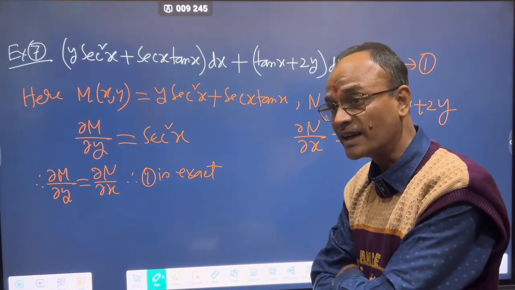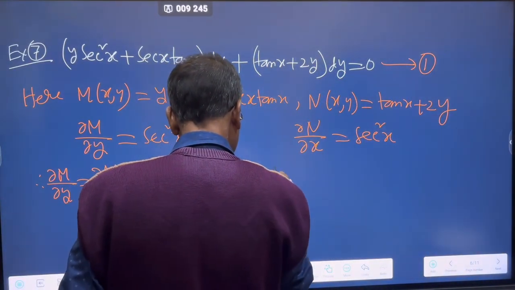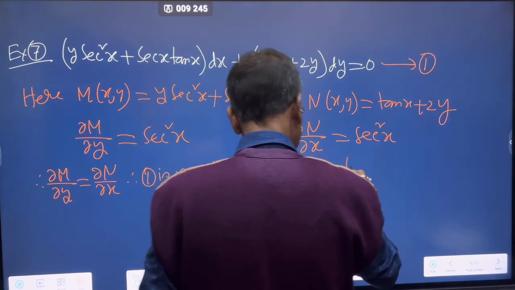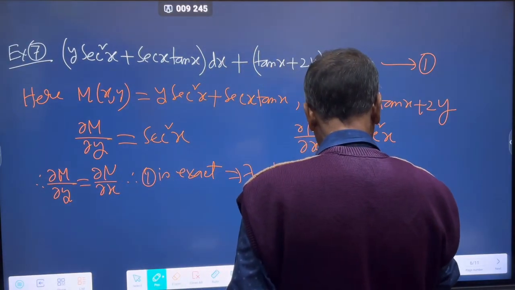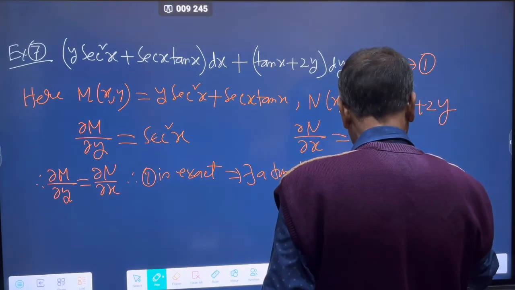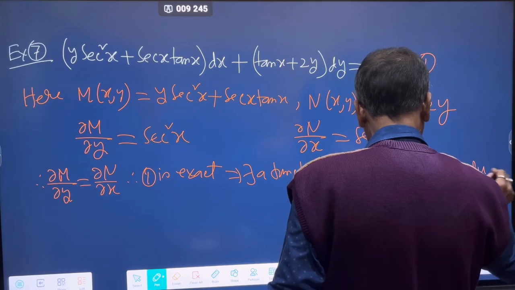Since 1 is exact, this means there exists a function u of x and y such that M dx plus N dy equal to du.